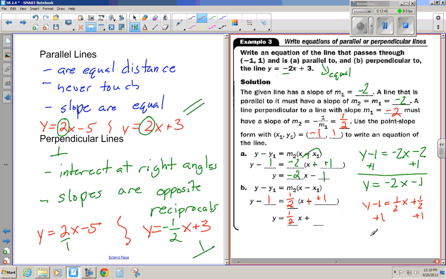You add 1 to both sides, y equals 1/2 x plus, you can write this a bunch of different ways. Let's just go ahead and write it as 1.5. 1 plus 1/2, 1.5. Or you could say 3/2. So this line is perpendicular. The other line is parallel.